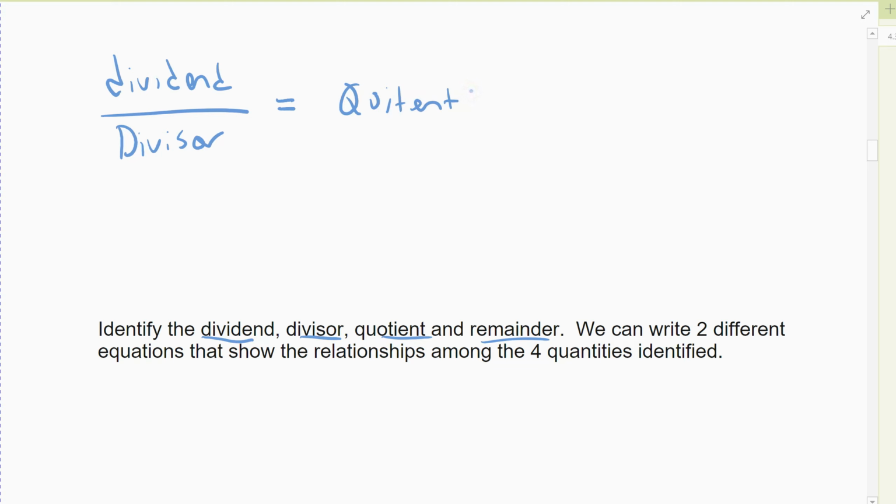Quotient is the expression I get when I do the division. And then sometimes we're left with a remainder. And we always take that remainder and divide it by the divisor.